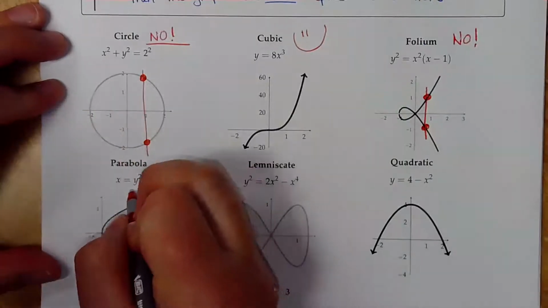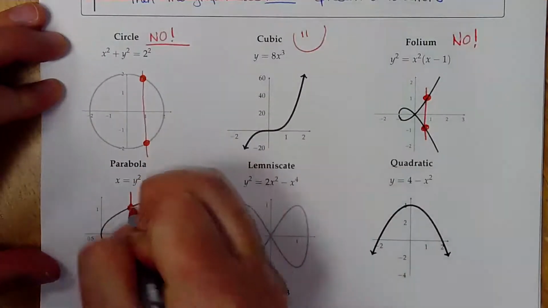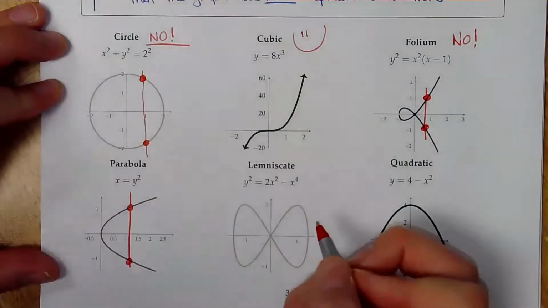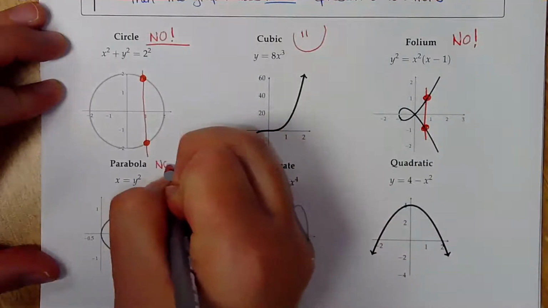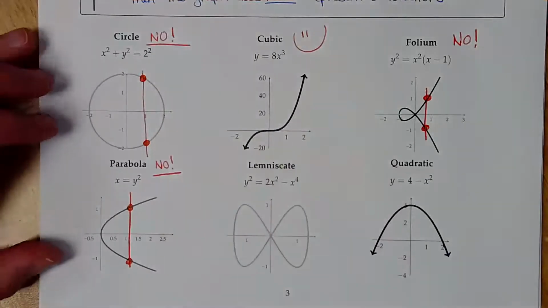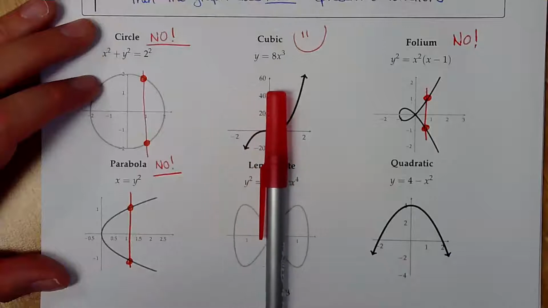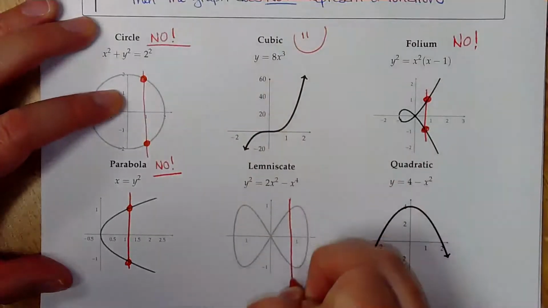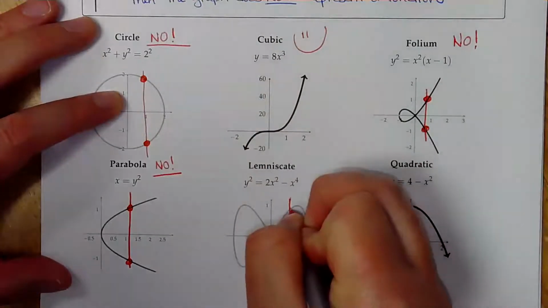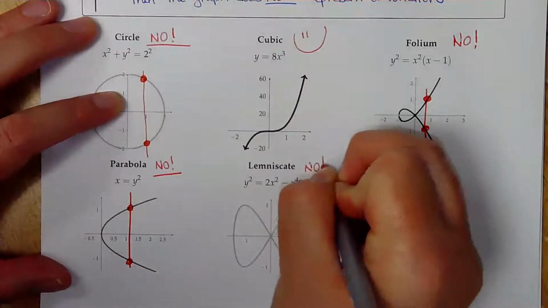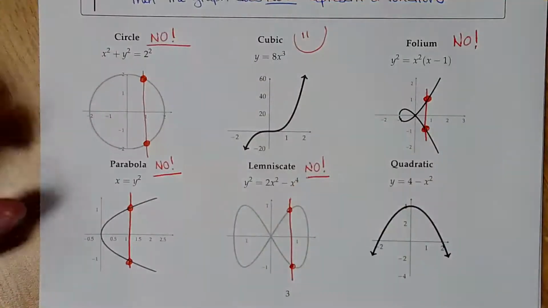Once again, you see I'm running into some problems here. So this parabola is not a function because it fails the vertical line test. This is a lemniscate. We go across here and notice that same problem again. So anytime it's going to touch in more than one place, we don't have a function.